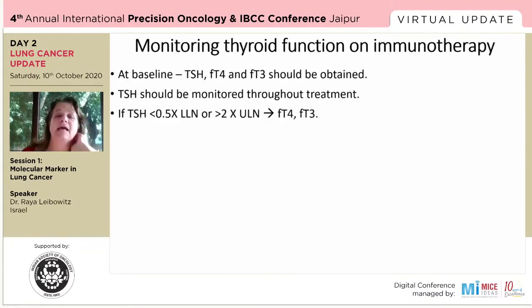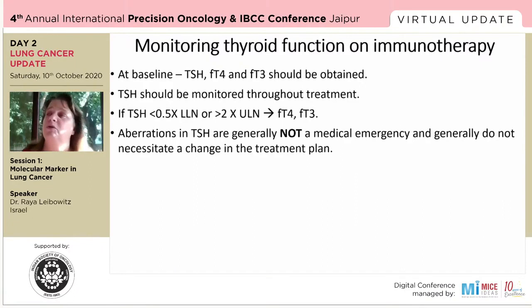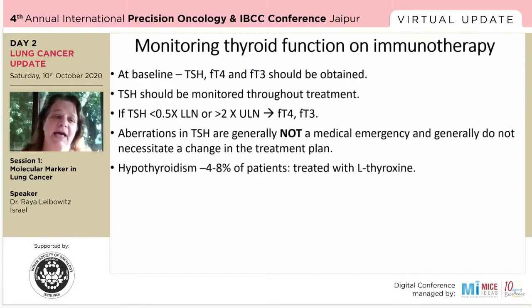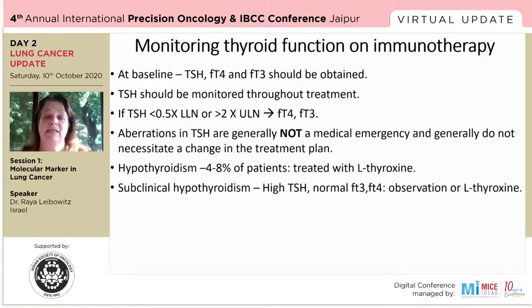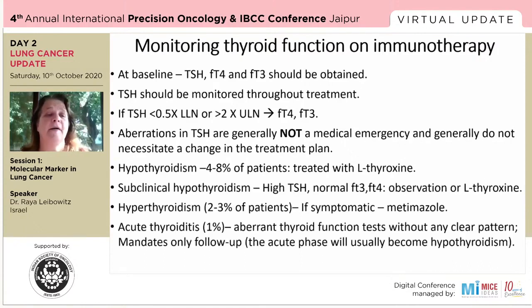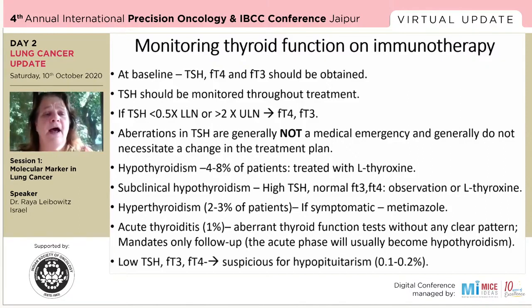So I have here a slide about how we monitor thyroid function on immunotherapy. We have a full battery at baseline and then TSH every cycle. And then, of course, further blood tests upon need, and the management is just as the management of the original disease. Acute thyroiditis rarely necessitates treatment.